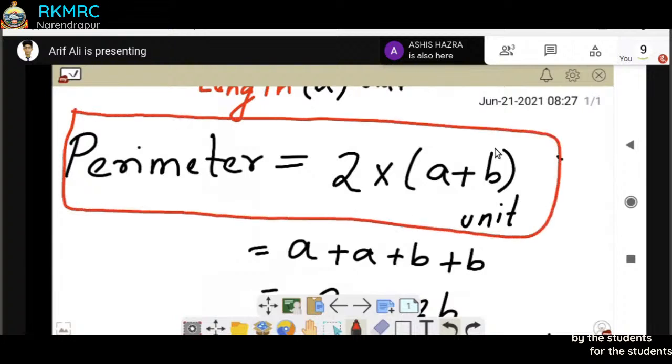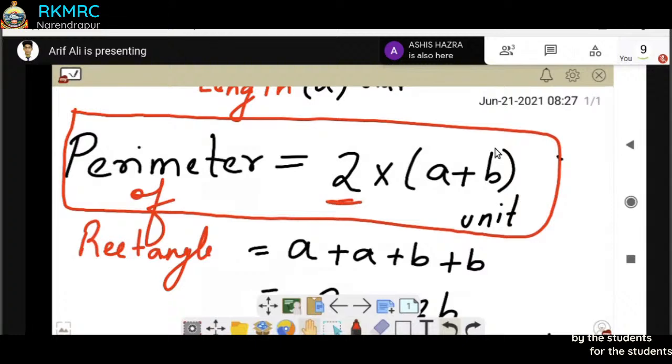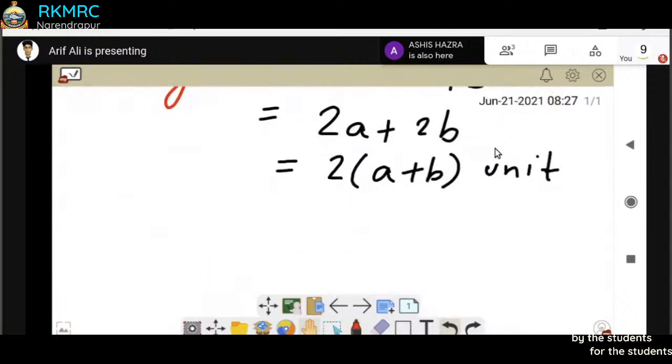This is your formula for perimeter of rectangle. How this 2 is coming? Now you can understand easily.